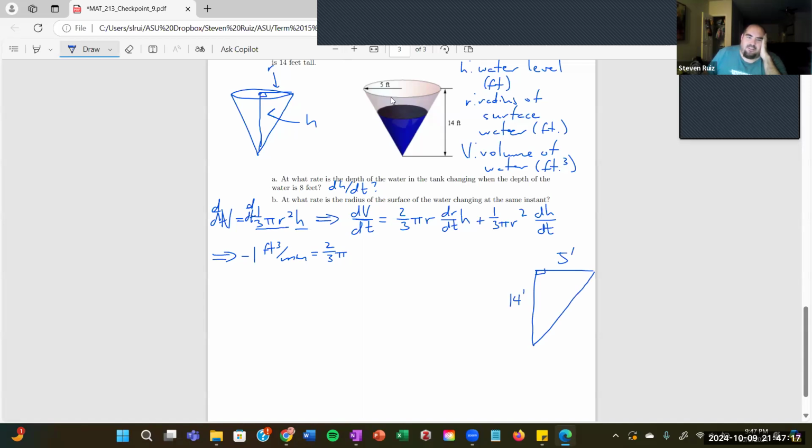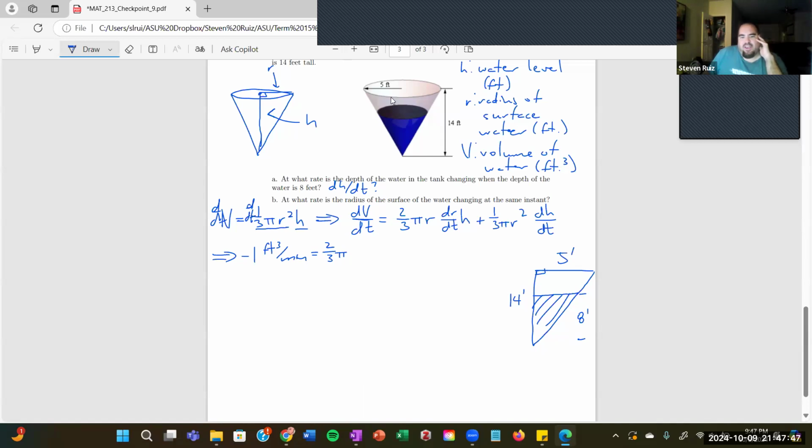But the tank is not full of water when I'm asking this question. What I have instead is this. This might not be to scale, but it doesn't really matter. This height right here is 8 feet, which means the radius is going to be something less than 5. So how do we find that? One thing we know about similar triangles is that these ratios are going to be the same.